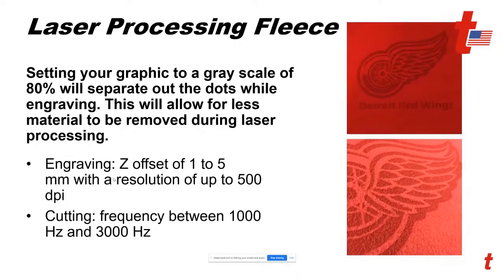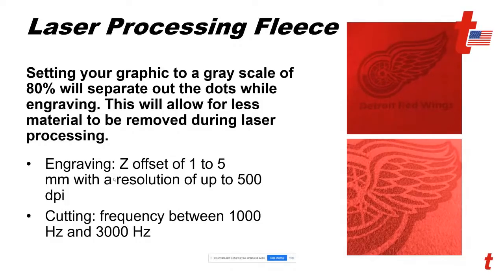It tends to always engrave a little darker. I've even done black fleece, and it produces a blacker black, and it's really classy looking. I've done white fleece, black, reds, greens, yellows. Pretty much all colors are going to work with this material. You can use some different techniques on it.